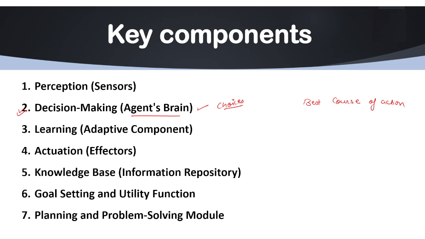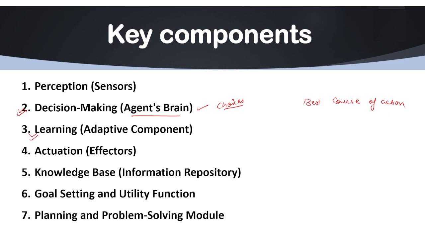For example, a game playing agent. We all play chess, we all play Ludo with computers, right? A chess playing agent uses decision making to choose moves that maximize its chances of winning. This is done only with the help of decision making, the agent's brain.